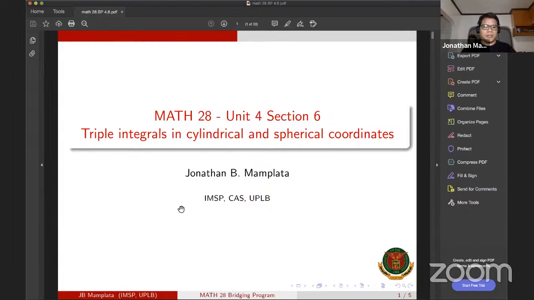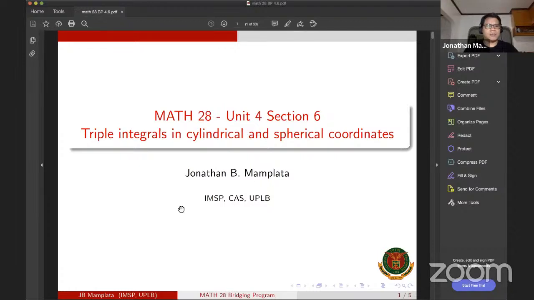And also important yung pag-convert from a given point in a given coordinate system to the other coordinate system. All right? Basically, cylindrical coordinate system is just an extension of the polar coordinate system. Okay? So we start with this problem.